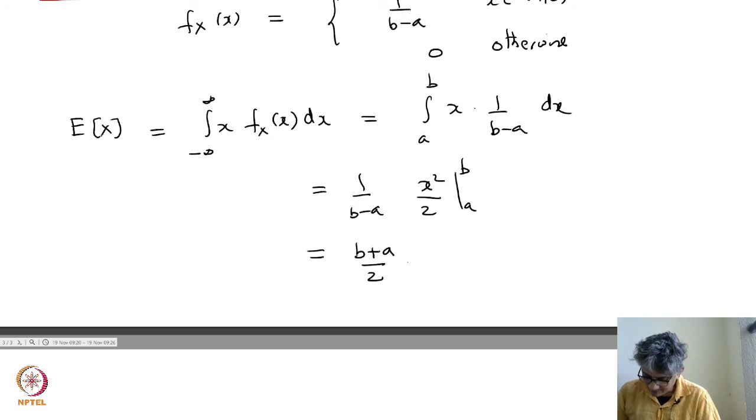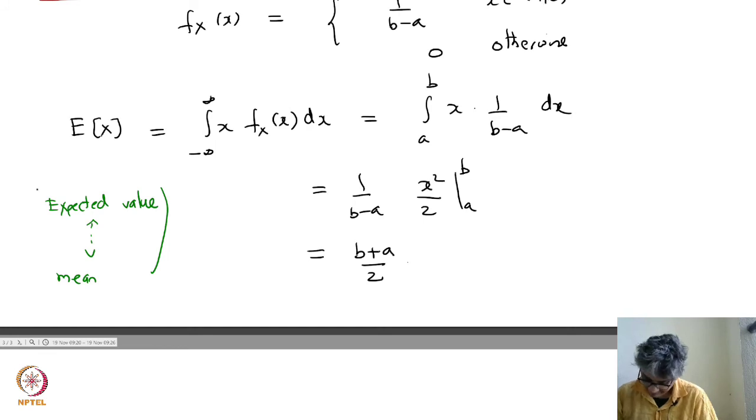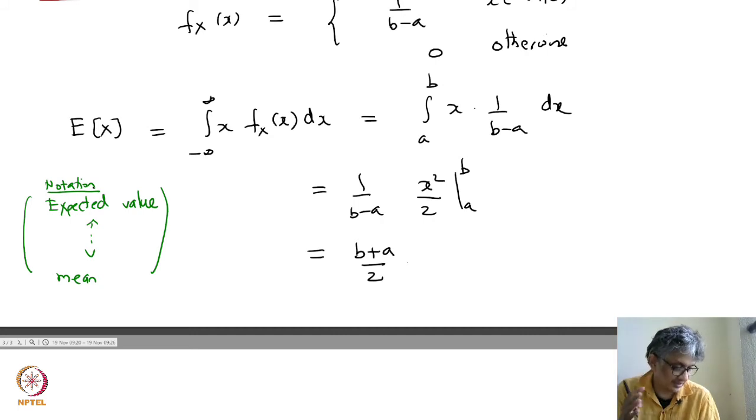In probability, expected value and mean are used interchangeably. It's just notation. You call E of X the expected value or the mean, it's the same.